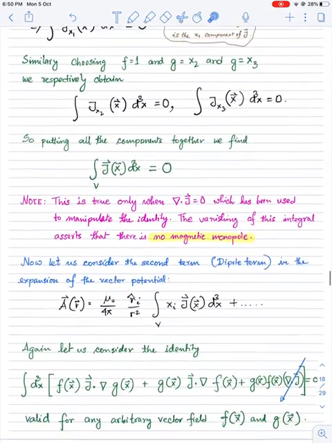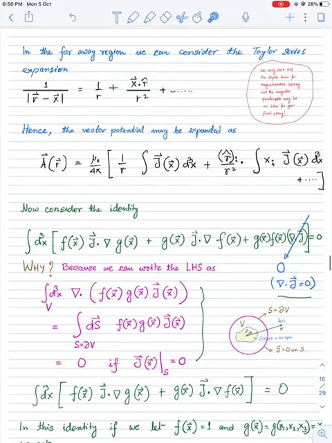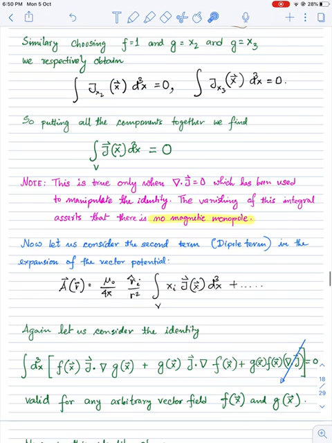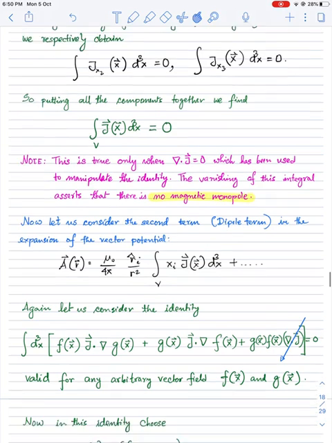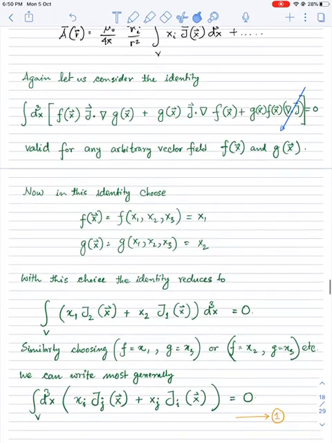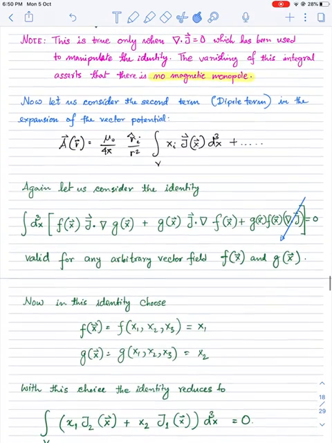Okay, so let's look at the second term now. The second term can also be processed in a very similar fashion.